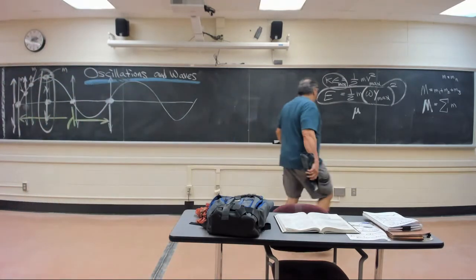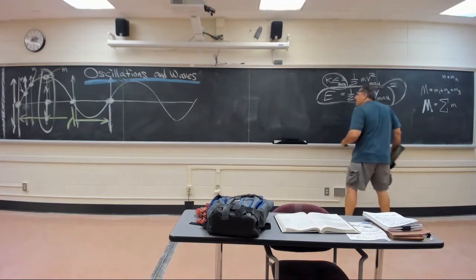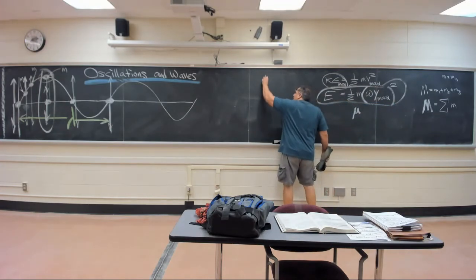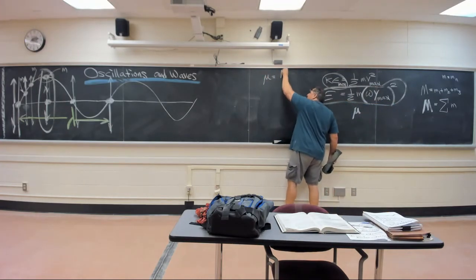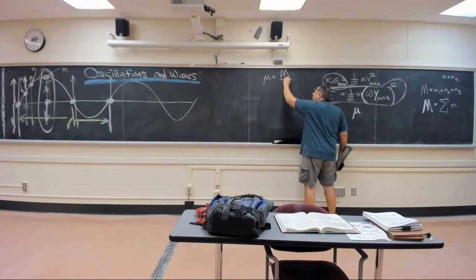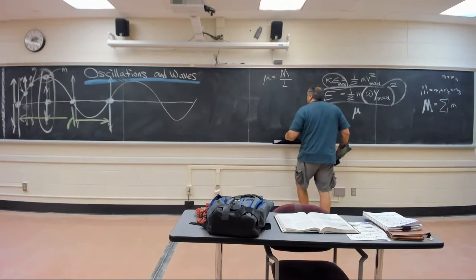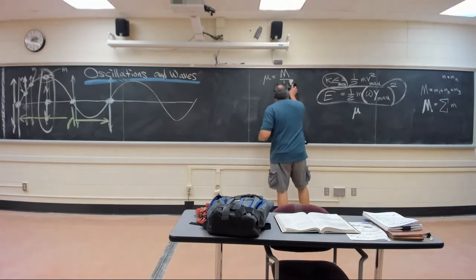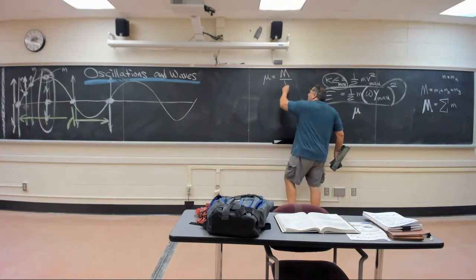I'll tell you what I'm going to do. Mu is equal to the entire mass of the rope in one wavelength of length. The entire length of the rope, in general, for some length L. Whatever that may be. Anyway, for the whole wavelength, we'll make L equal to lambda.